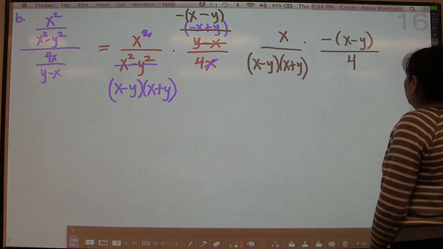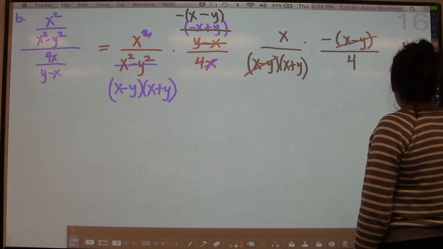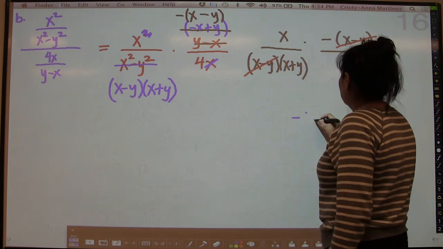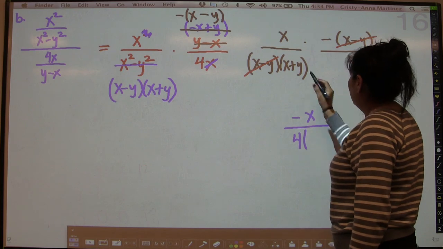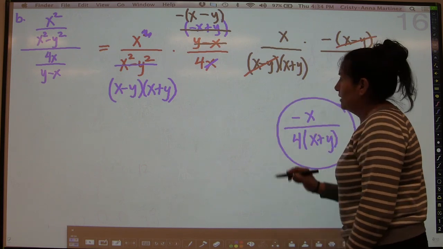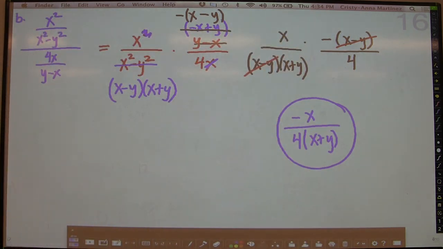And now it's very plain to see that this x minus y will cancel with that x minus y, and then for my final answer I'll get negative 1 times x, which is negative x. On the bottom I'll have the 4 and the x plus y. And this will be my final answer for part B, negative x over 4 times x plus y.